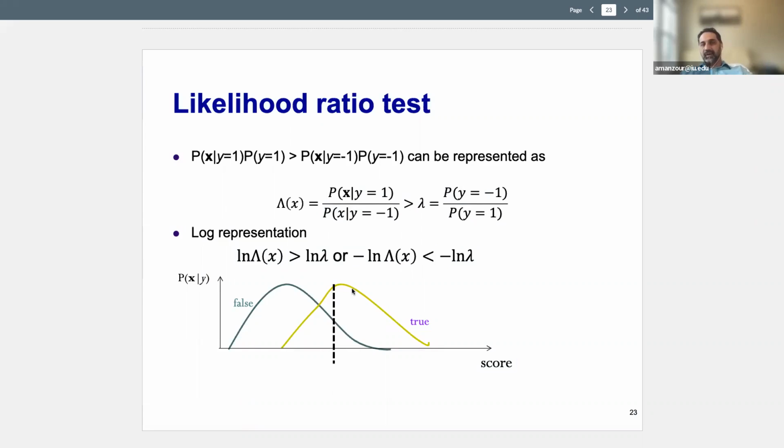As you can see, if I increase the score, it becomes more deterministic that I'm probably dealing with Y +1. It's probably a known protein if I have a very high score, because the likelihood for this one dies. And if I go the other way around, of course, I can do vice versa.